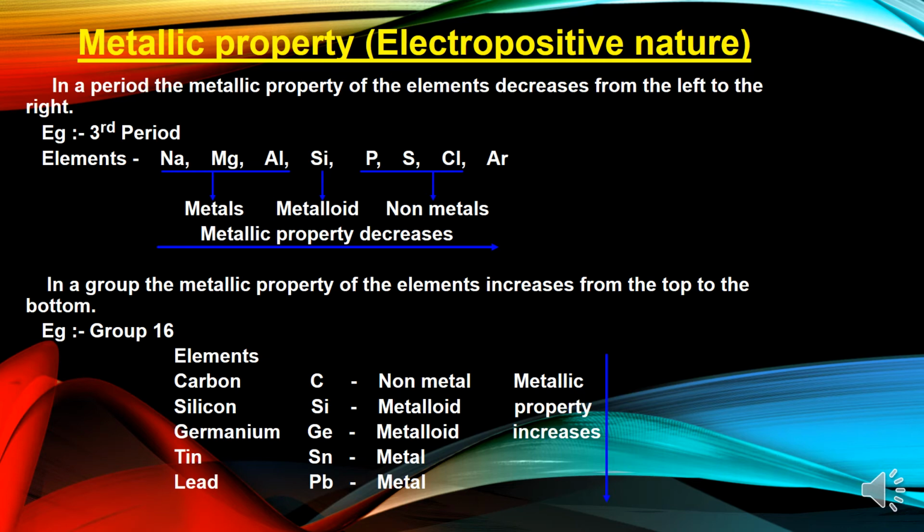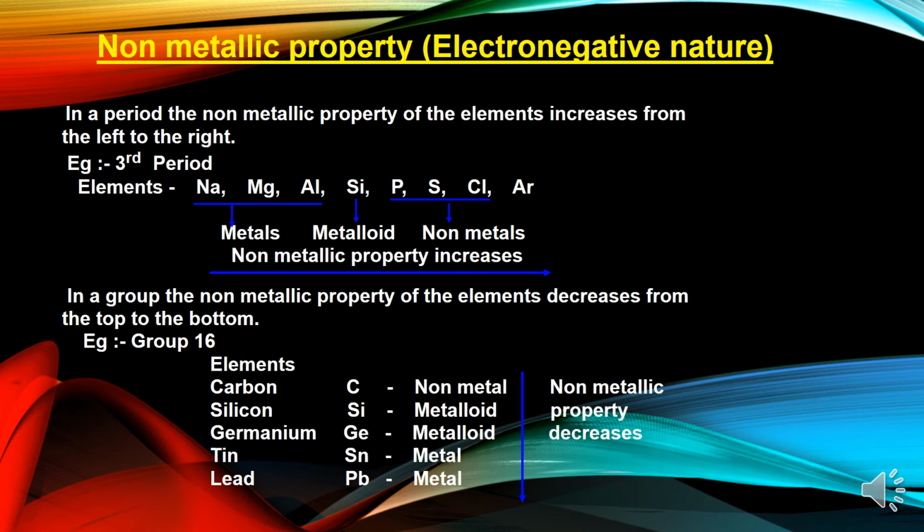Now non-metallic property. Non-metallic property is exactly opposite to the metallic property. Non-metallic property is all about accepting electrons and becoming an anion.